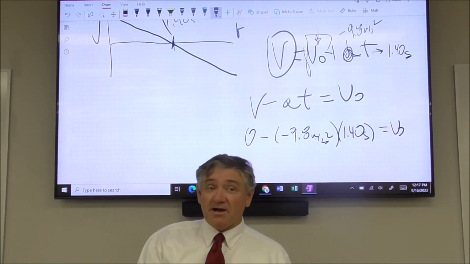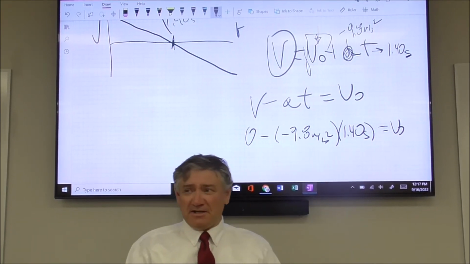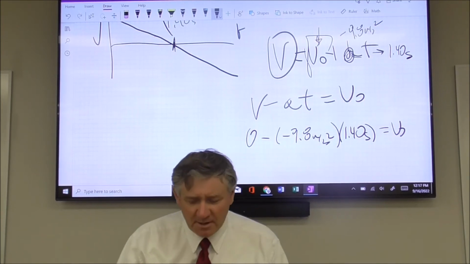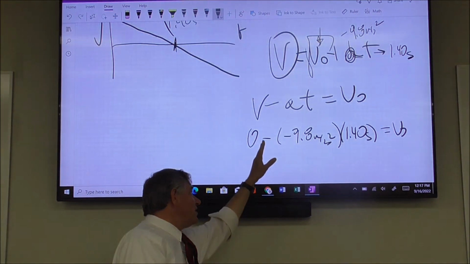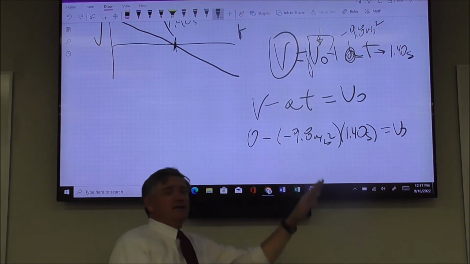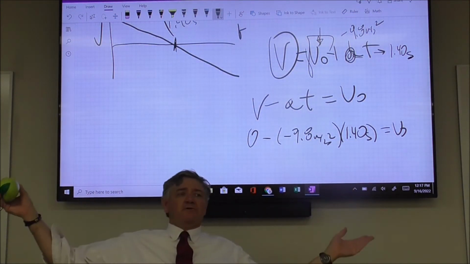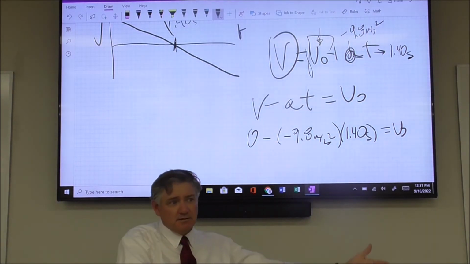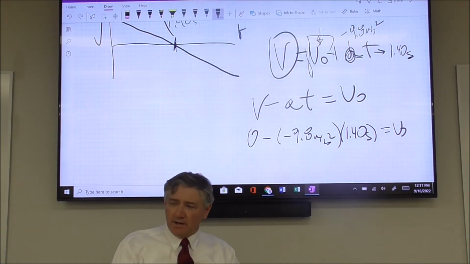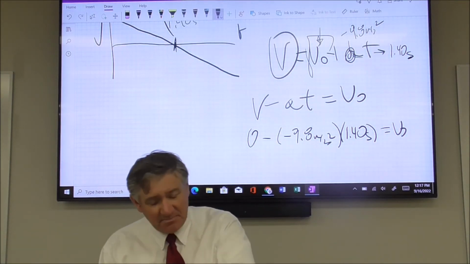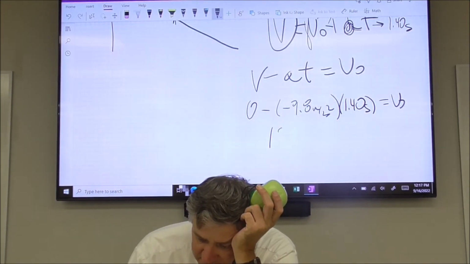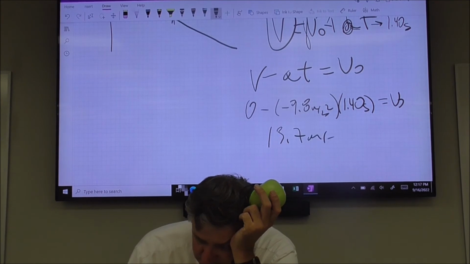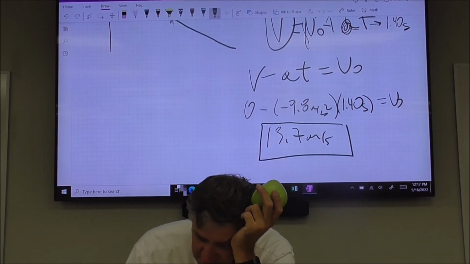Notice this is 0 minus a negative number. Oh, miracle happens. We get a positive value. So we take 9.8 times 1.4: 13.7 meters per second.